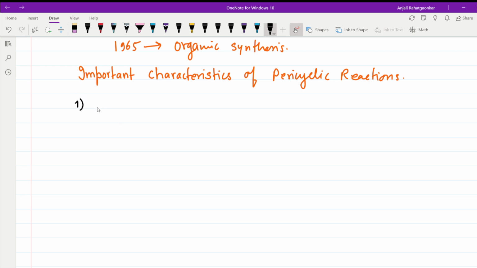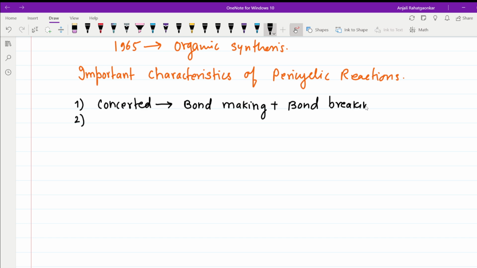As we know, the reaction is concerted, which is an extremely important characteristic, where bond breaking and bond making are simultaneous.